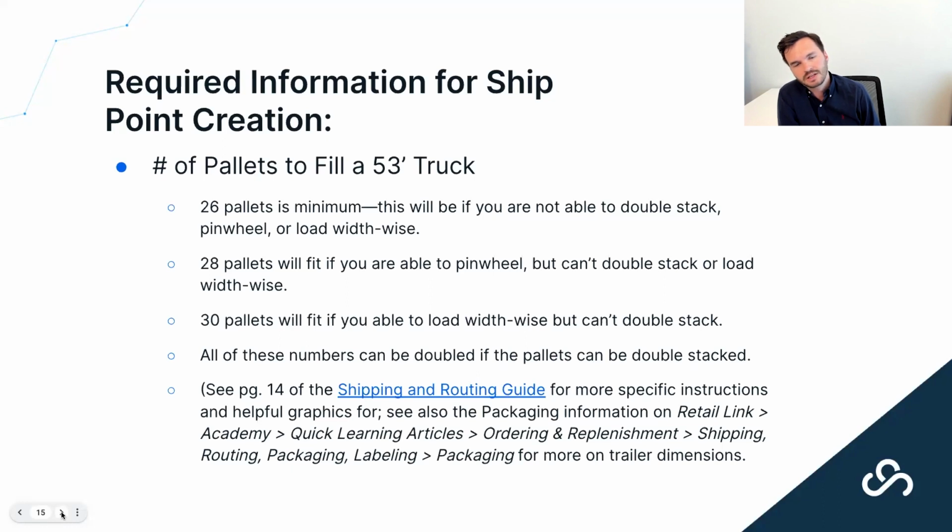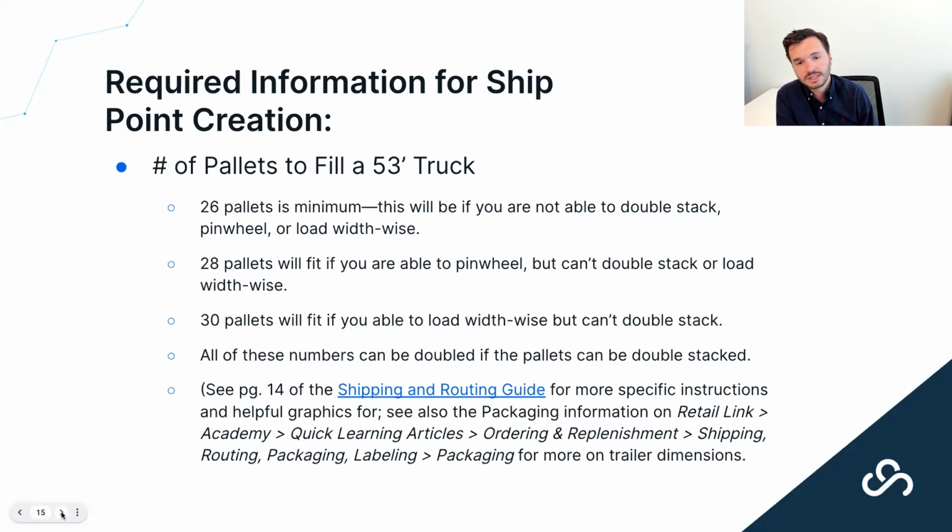So here's a conversation about the number of pallets when you're trying to fill a 53-foot truck. 26 pallets is a minimum. This is if you're not able to double stack, pinwheel, or do the widthwise load. 28 pallets will fit if you are able to pinwheel, but you can't double stack or load widthwise.